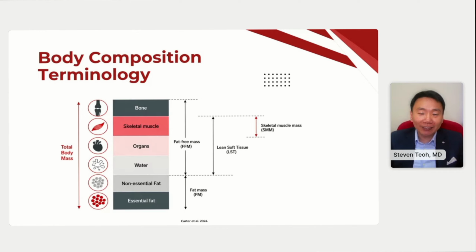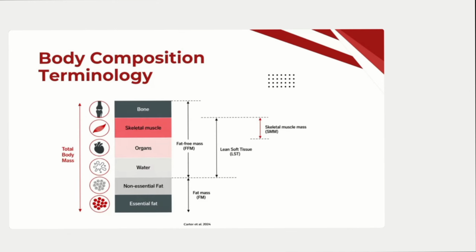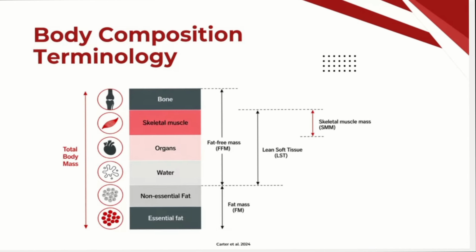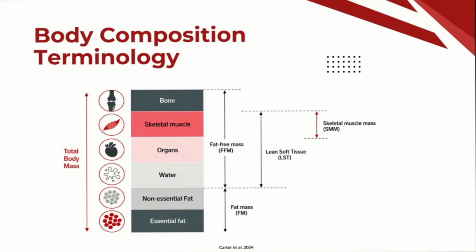So fat mass means body fat, while fat-free mass means everything else except fat. And that includes water, protein, minerals, bones, organs, and muscle. Lean soft tissue is fat-free mass minus the bone mineral content.